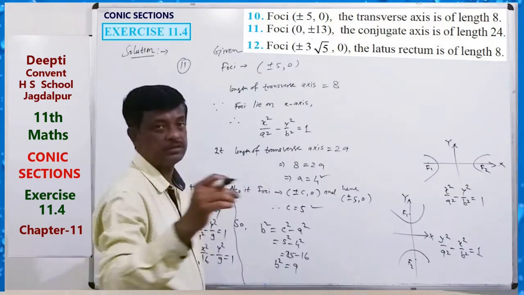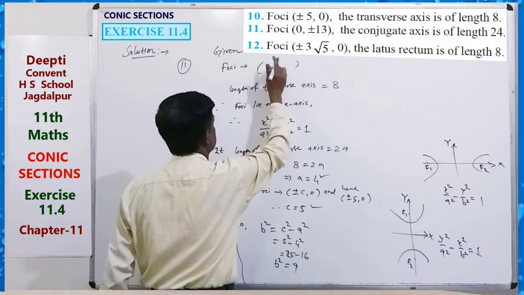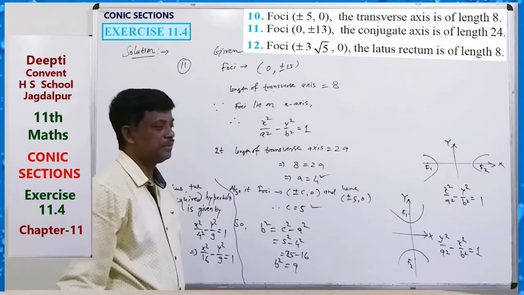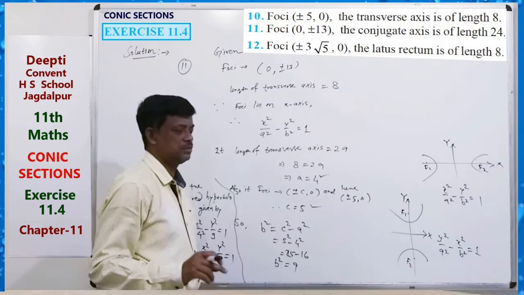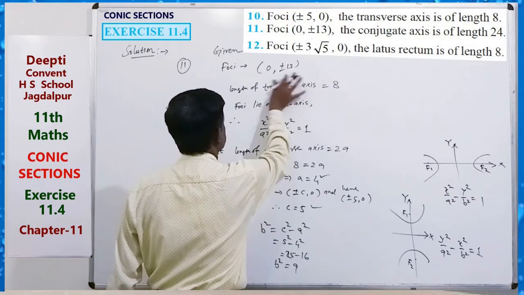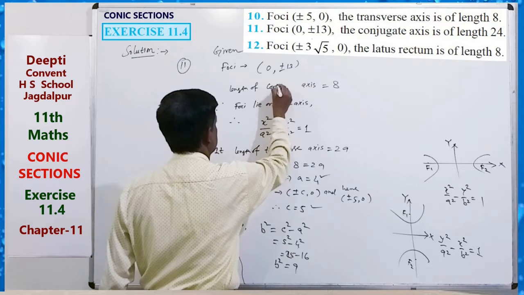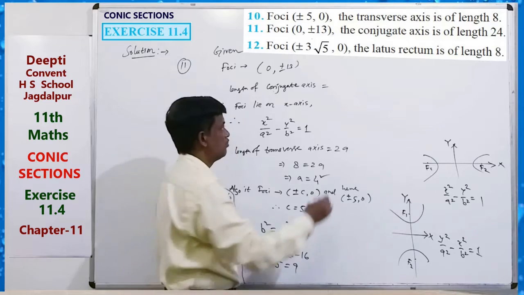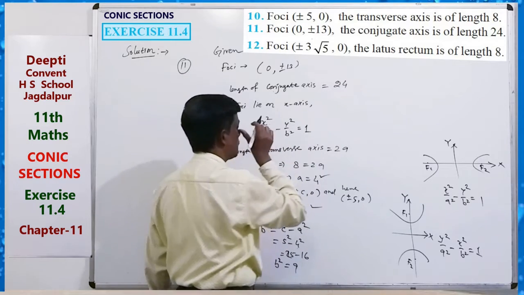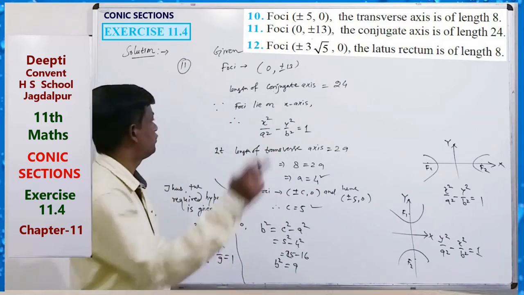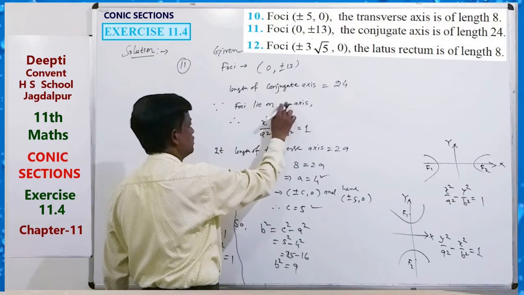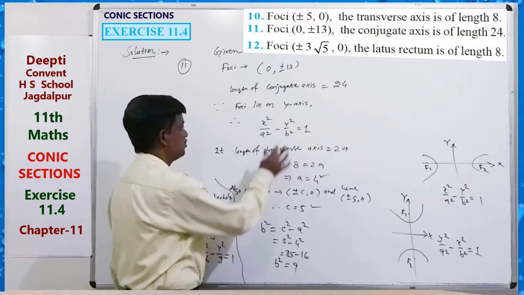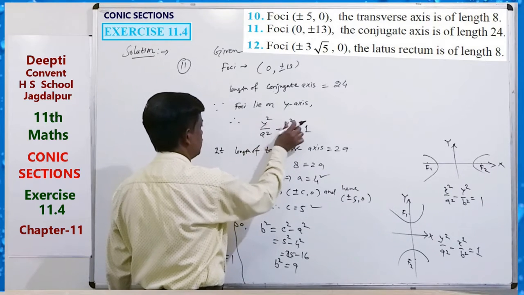Foci 0 plus minus 13, and the length of the conjugate axis is 24. Here foci lie on the y axis because the first coordinate is 0, so here y square comes first, then x square.